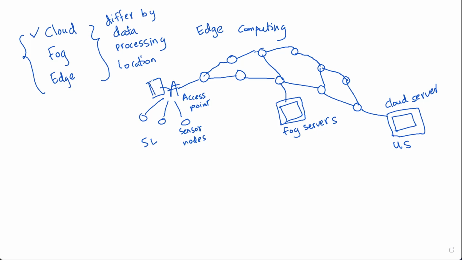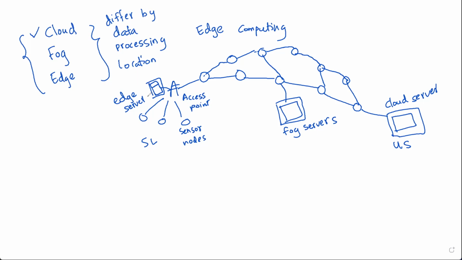The control unit can have certain computational power. So if we install a server, an edge server, into this control unit, we can do the computation at the access point itself.